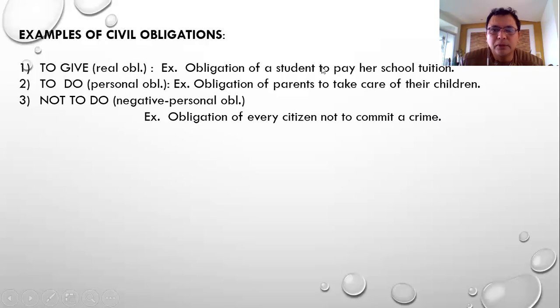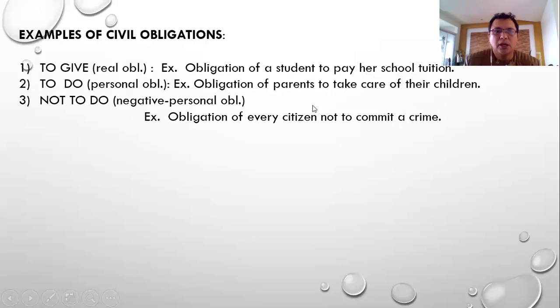So in these examples, the creditor in the first example is the school. The second example is the state, and the third example also the state are the creditors. So the creditors may compel the debtors to comply with the obligation in any courts of our land.